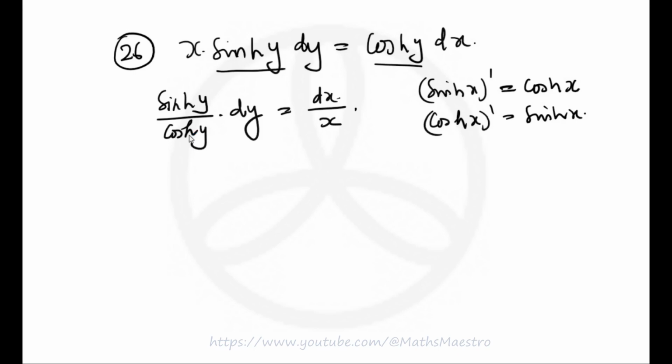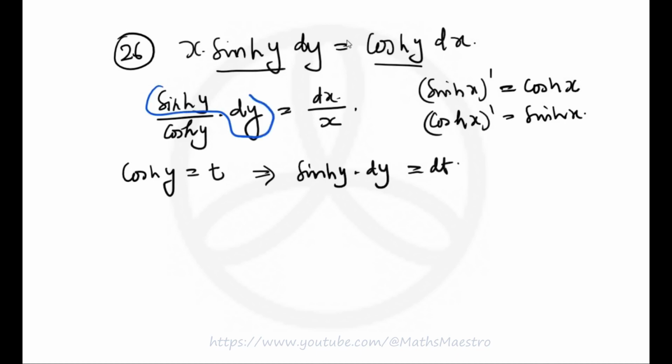Let me assume cos hyperbolic y is equal to t and apply a differentiation on this. The cos hyperbolic y, when differentiated with respect to y, will give us sine hyperbolic y dy, and this will be dt on this side. Now this can be replaced here with t, and this can be replaced with this t.